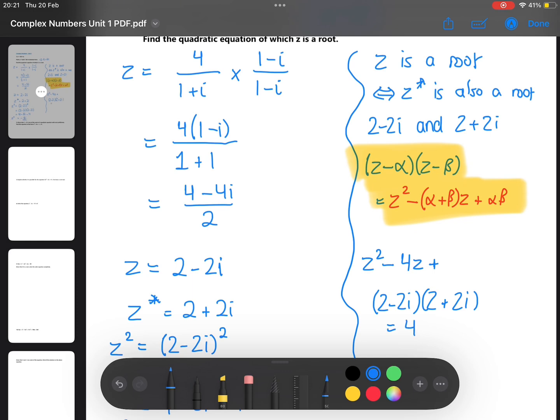Then the i components will cancel, and we'll be left with an i squared. So minus 2i times 2i gives us 4. So this is our final answer.